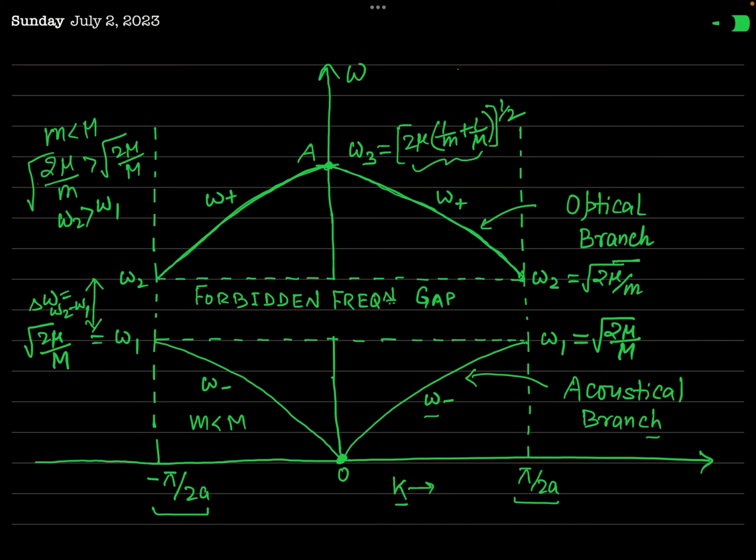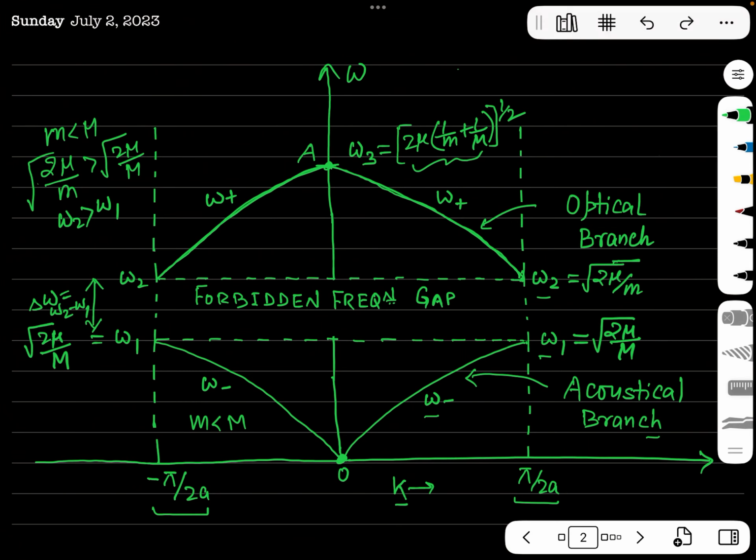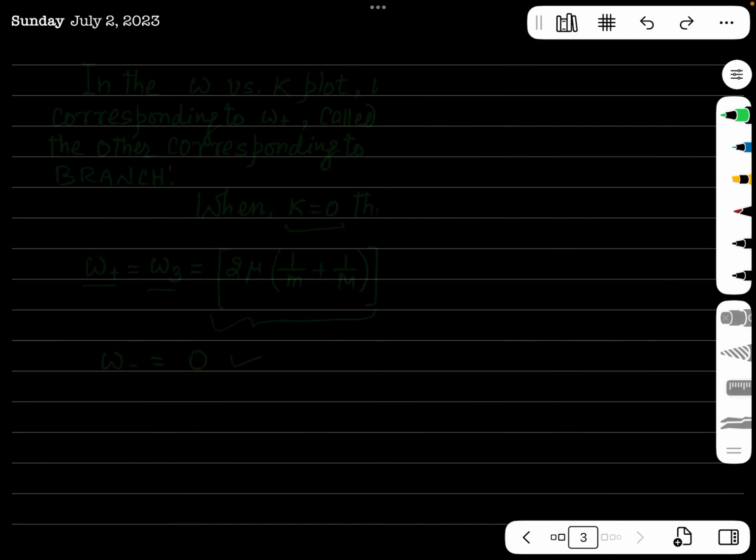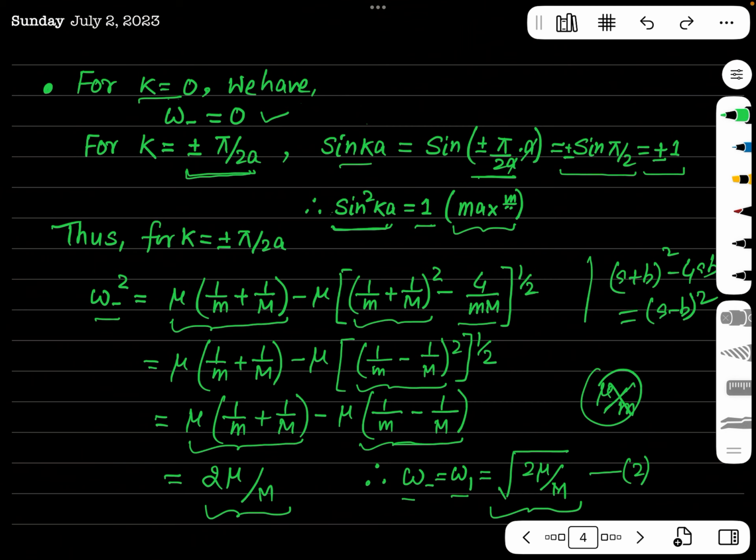But the frequency lying between omega 1 and omega 2 cannot be excited. So those frequencies are called forbidden frequencies. This is a very important fact, and this is due to the periodicity of the lattice. This is just like the band gap, the energy gap. Here it is a frequency gap.